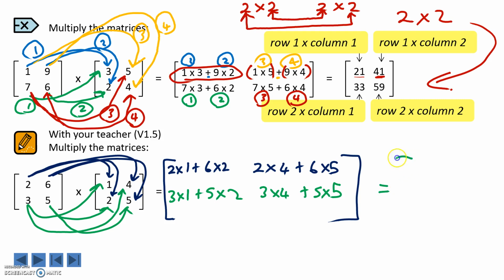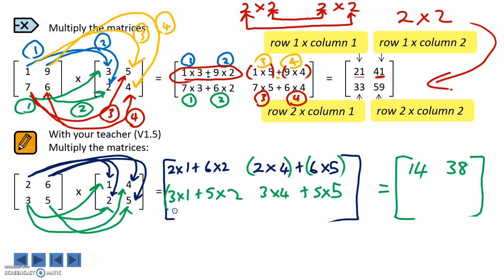And so we end up with our final matrix. We add this together. 2 times 1 is 2, plus 6 times 2 is 12. So 12 plus 2 is 14. Then we do the next one, remembering your brackets before you add them together. So 8 plus 30 makes 38.